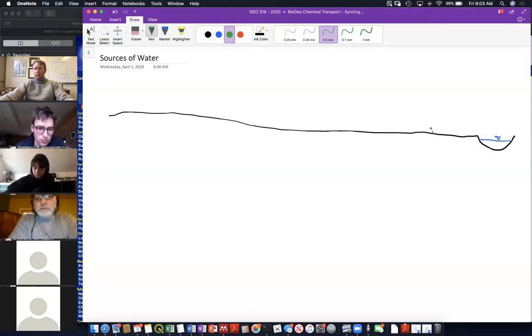Let's say this is farmland here, so we got a bunch of crops. And up here, we're in the uplands, so we got trees. My trees have devolved today.